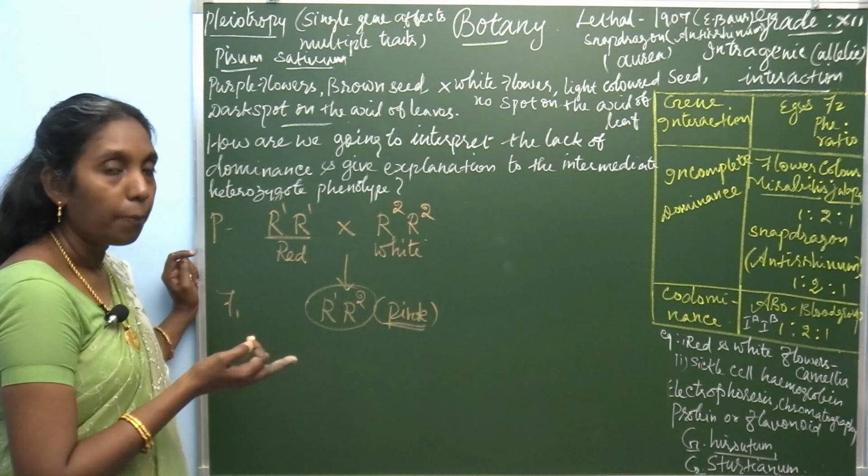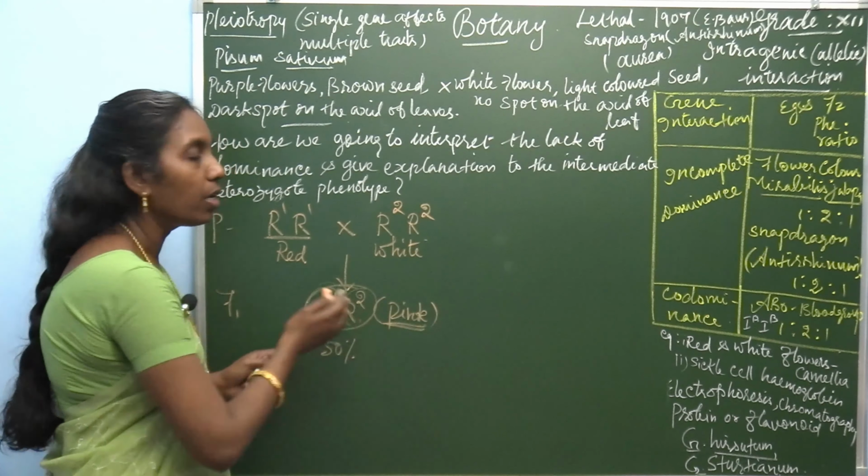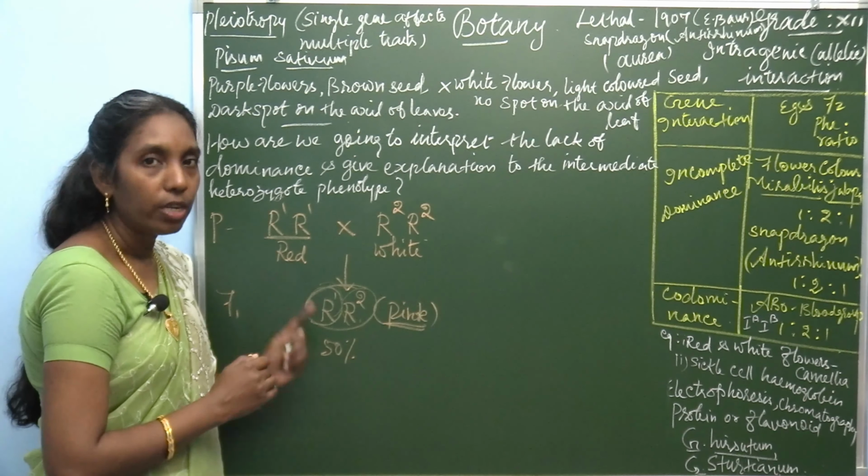Here in R1R2, only half of the functioning dominant allele is present. This half, that is 50%, is not sufficient to produce the red color, so it forms pink. This is the molecular explanation of the intermediate pink color produced during this cross.